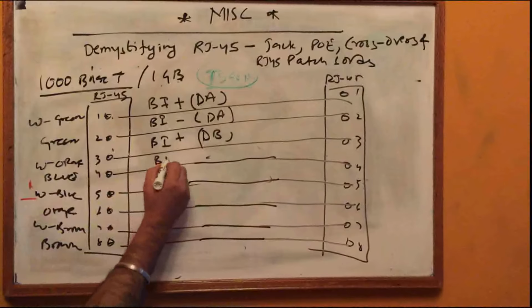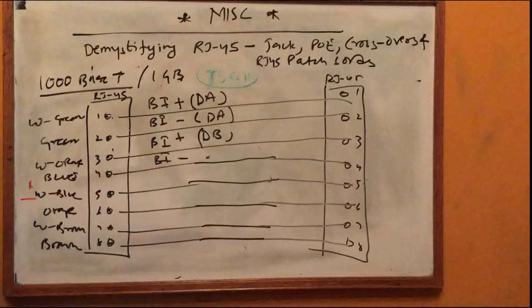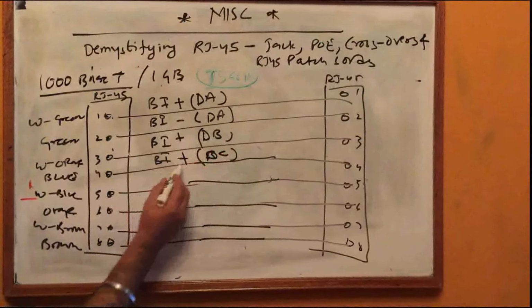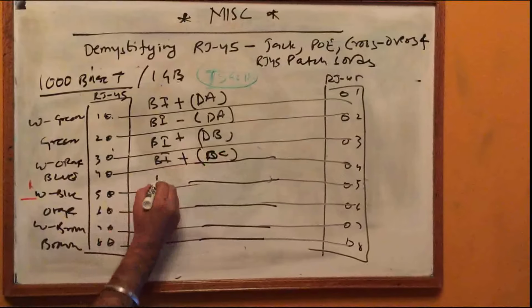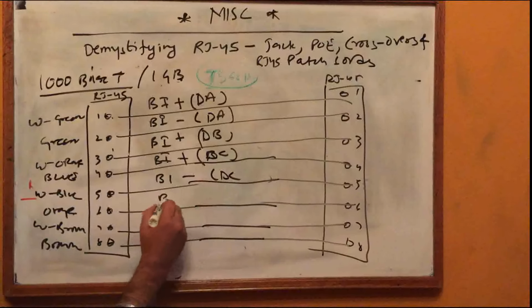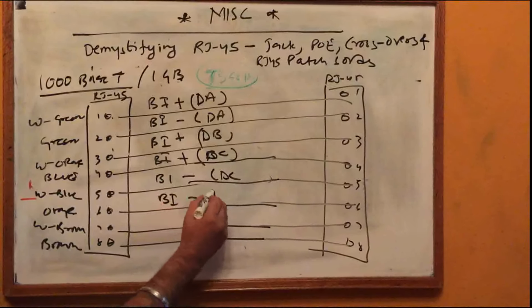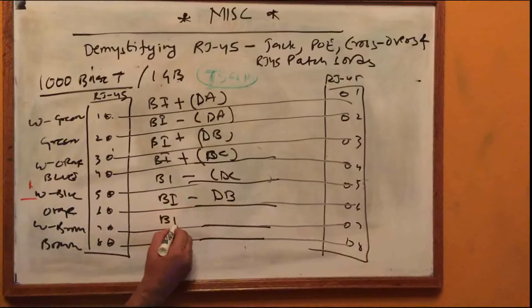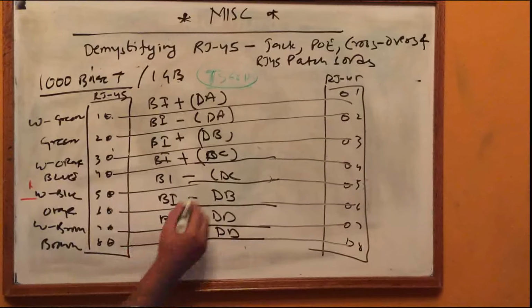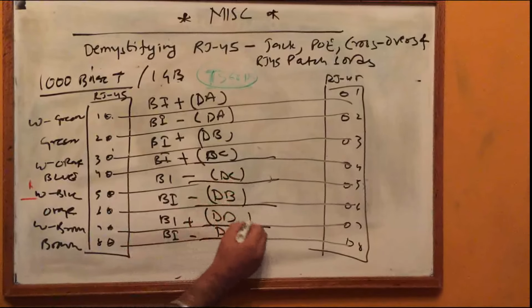Then we have BI minus, positive for DC, BI negative for DC, BI negative for DB, BI positive for DD, and BI negative for DD. That's how it is. It looks complicated when I write it, but I will try to explain how it becomes simple, right?